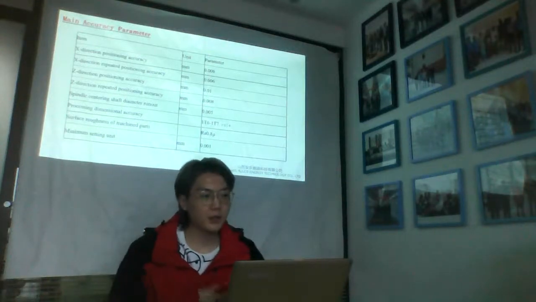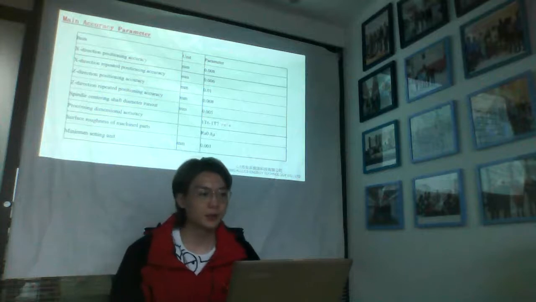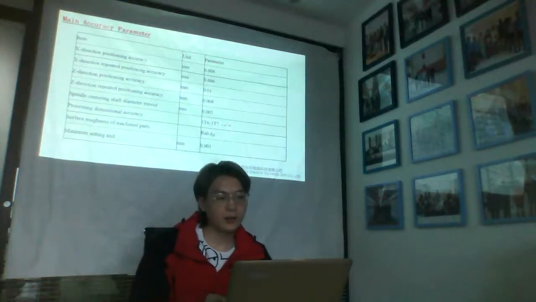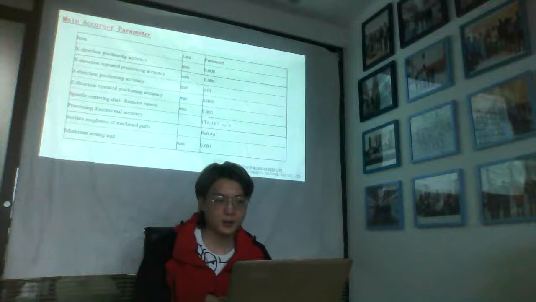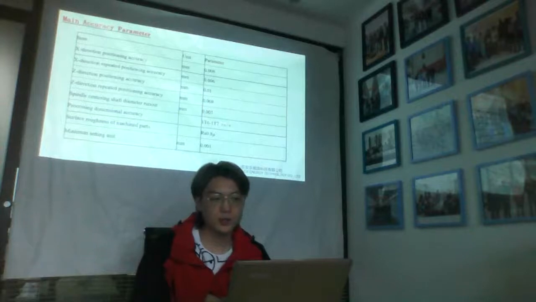And here are the main accuracy parameters. The X direction positioning accuracy is 0.008 millimeters, and the Z direction positioning accuracy is 0.01 millimeters.